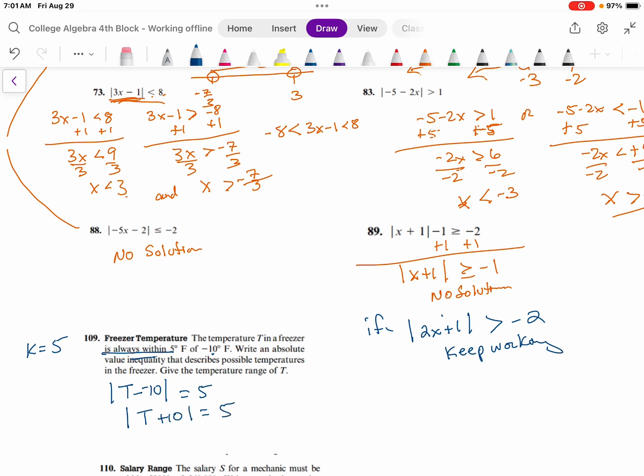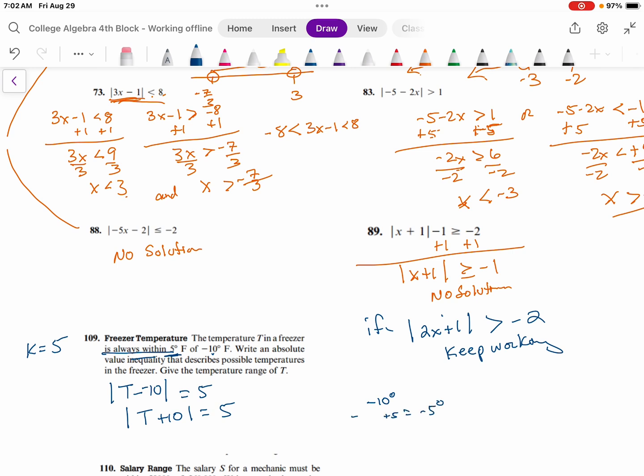A little bit different there as we think about it. When I go through and solve it, if it's within 5 degrees of negative 10 degrees, so negative 10 degrees is in the middle, within 5, so if I add 5, that gets negative 5 degrees.